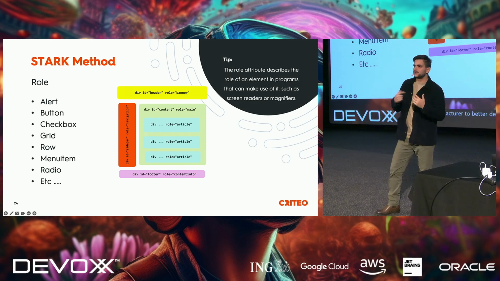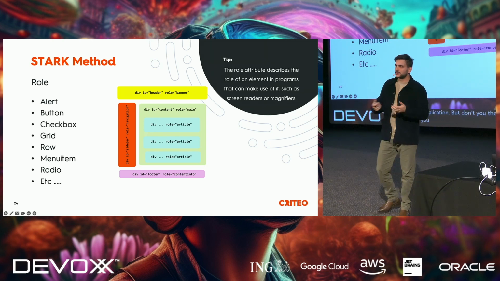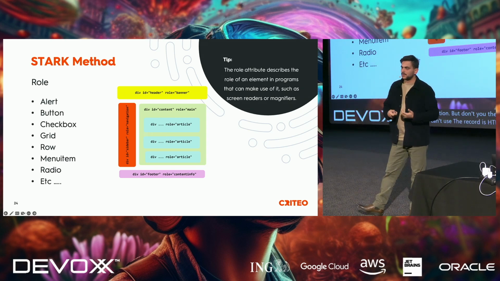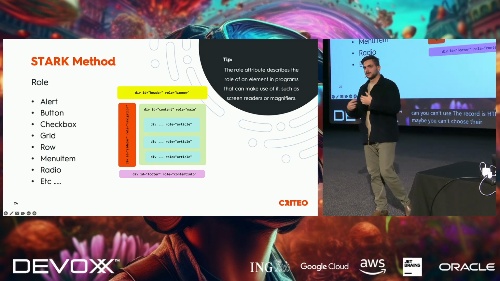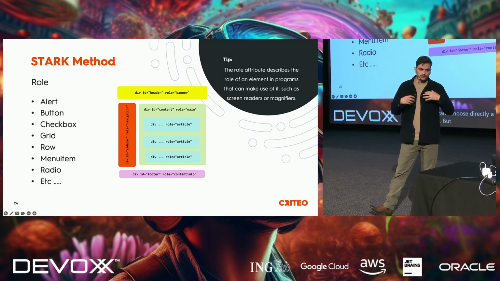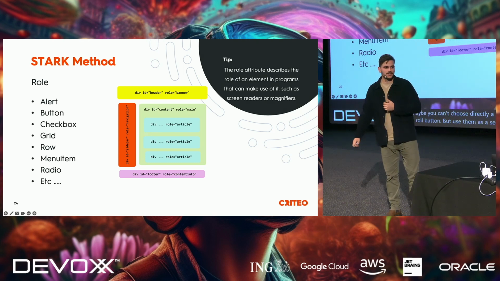But use a role only when you can't use the HTML tags directly. For some reason, maybe you can't use a button directly, so you put a role button. But use roles as a second step, and use semantic HTML first.